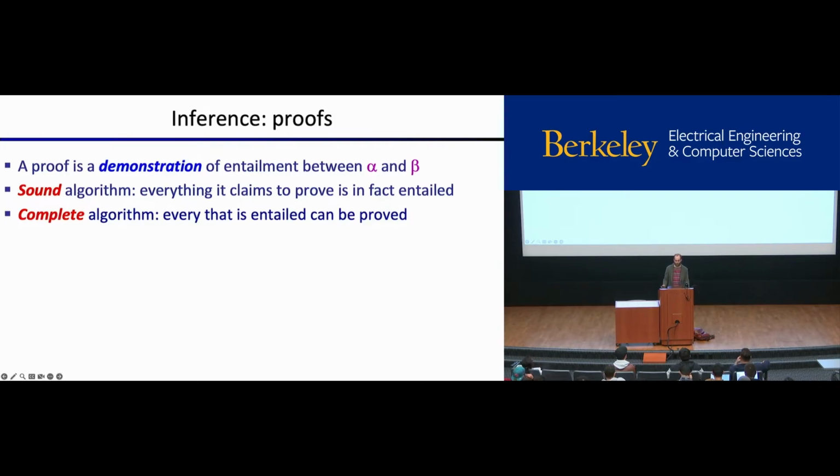That algorithm will certainly never claim to prove something when it is not entailed because it never claims to prove anything at all. So, ideally, we would like a proof algorithm to be both sound and complete. It only tells you that beta is entailed if that's correct, and it does tell you that beta is entailed if it is.